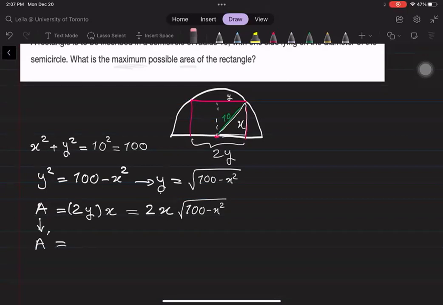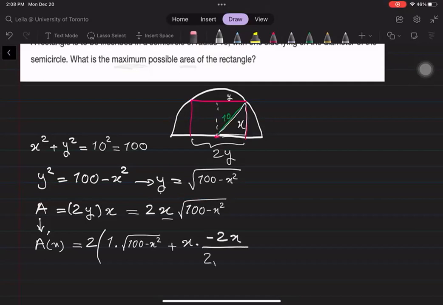You're going to use the product rule: derivative of the first one multiplied by the rest, so 2 times the square root of 100 minus x squared, plus x times the derivative of this, which is minus 2x over 2 square root of 100 minus x squared.